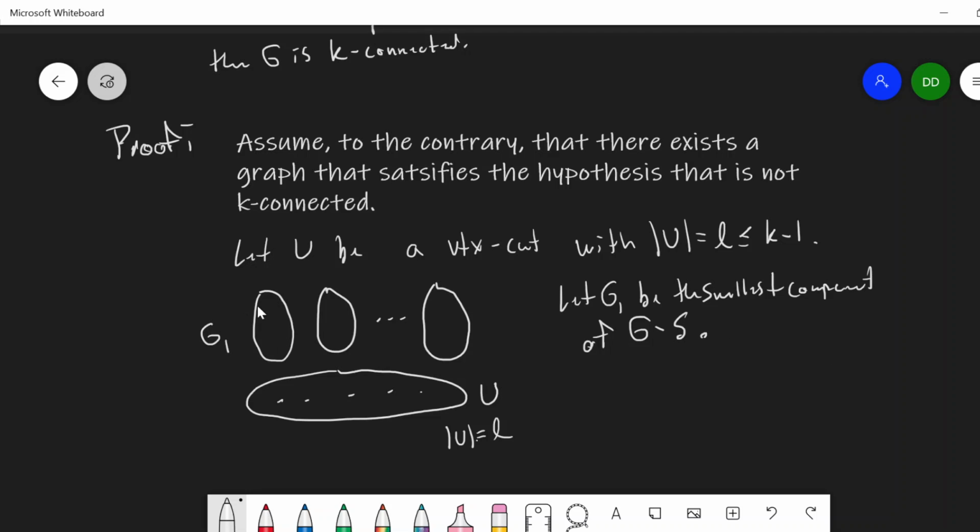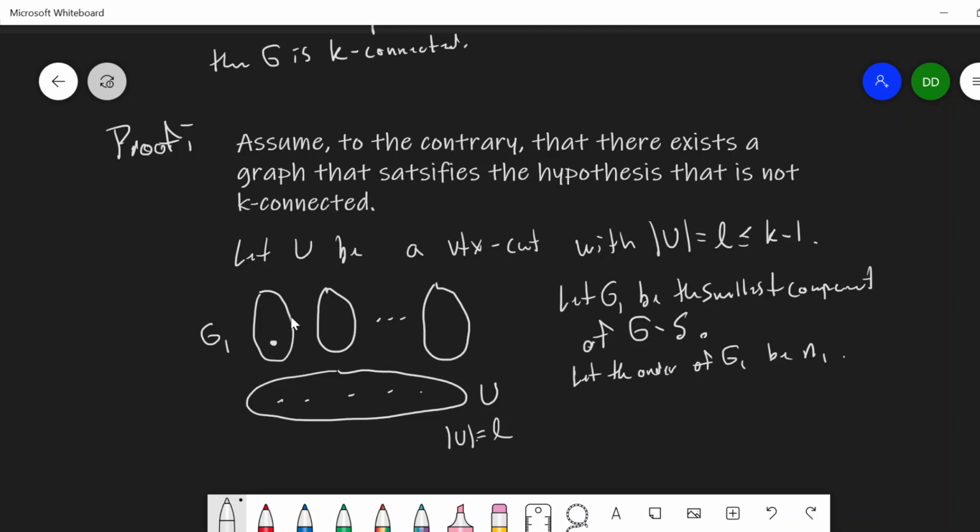Let's say this is G1 here, this first guy, and I'm going to pick a vertex in there. Let the order of this component be N1.